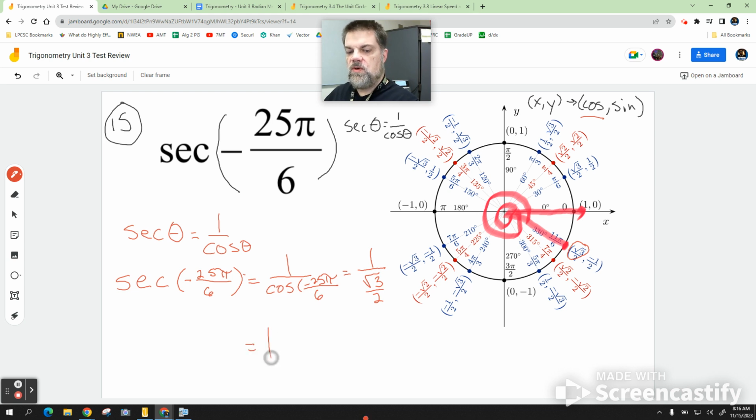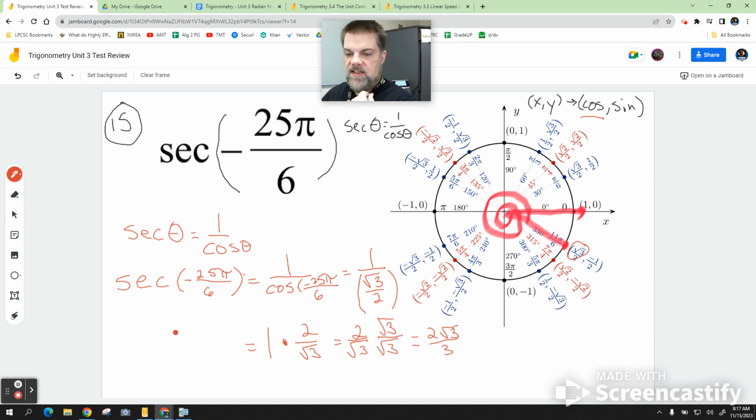What does that mean? Well, when we divide by a fraction, we multiply by the reciprocal. So the numerator is being divided by root 3 over 2, which is the same as 1 times 2 over root 3. Well, 1 times anything is itself, so I've got 2 over root 3. So I have to rationalize the denominator by multiplying by root 3 over 3 on the top and bottom. And that gives me 2 root 3 over 3.